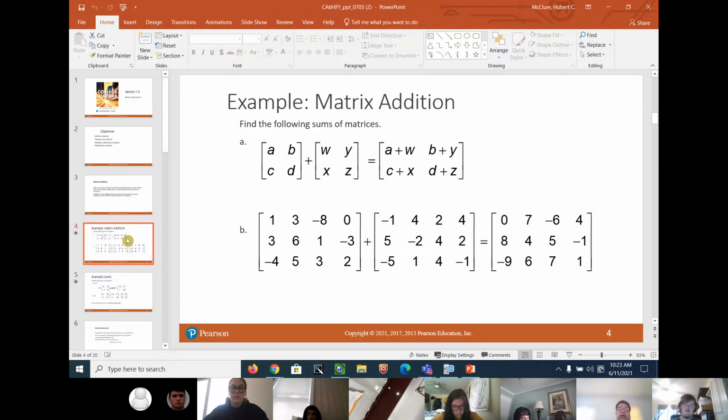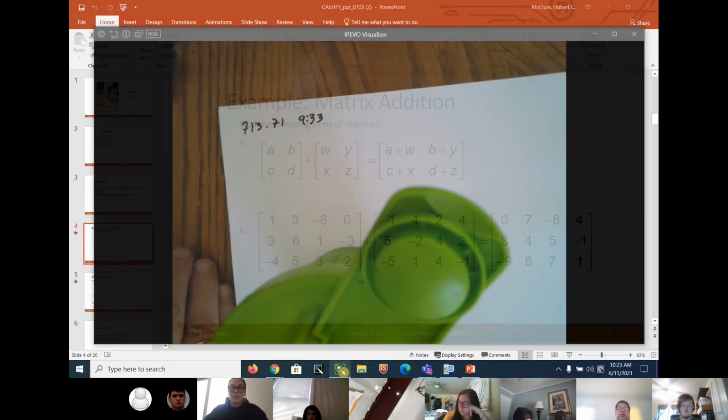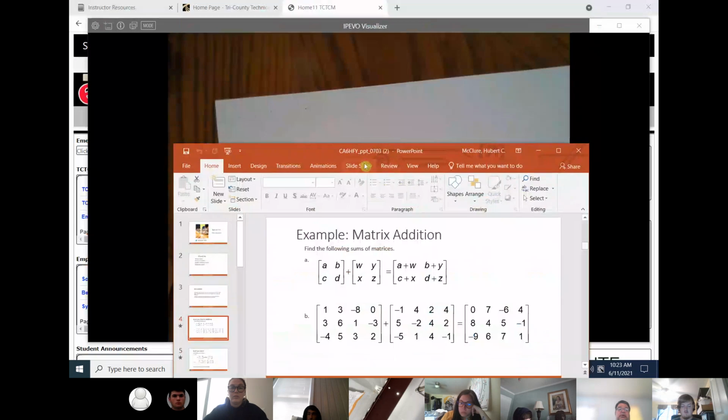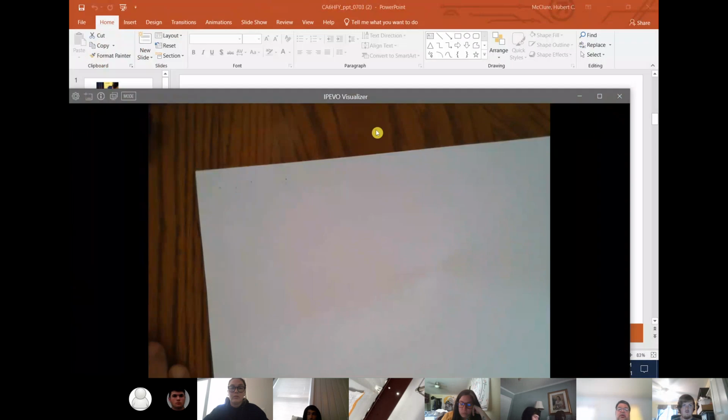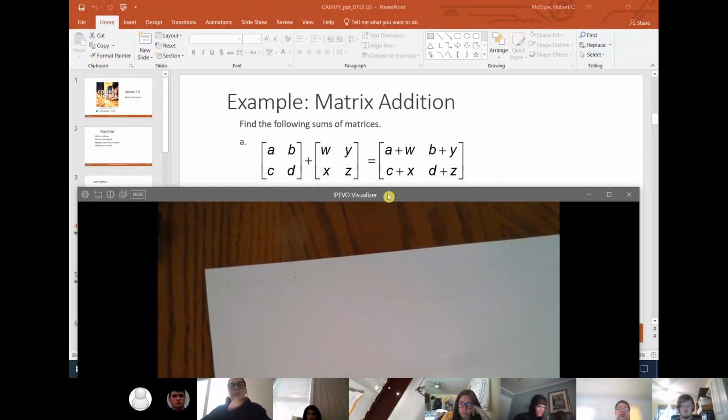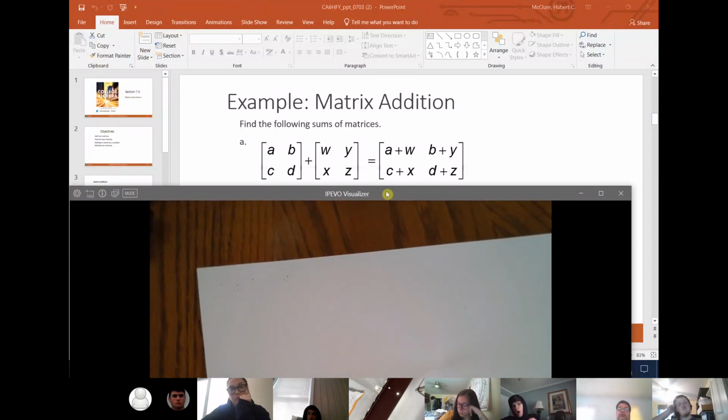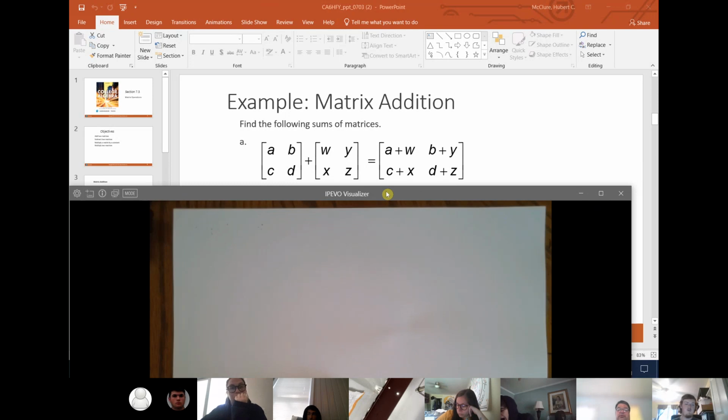All right, so here we go. Let me try that again. There we go. And there's your matrix, and I just want you to write the letters down first. This is when you're adding matrices.